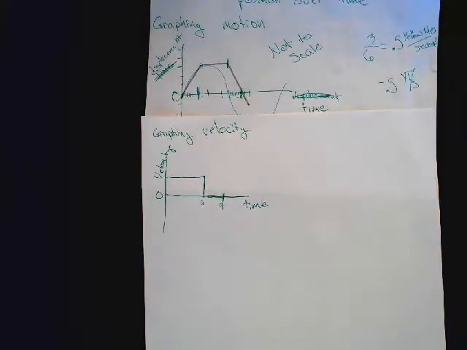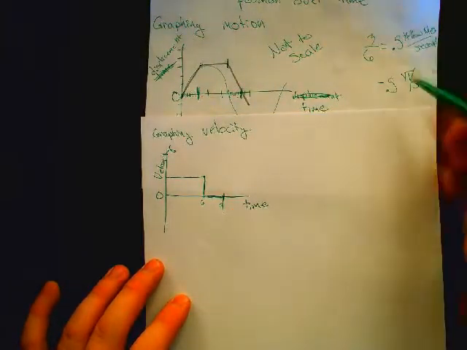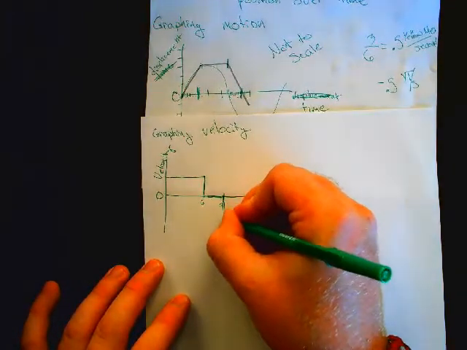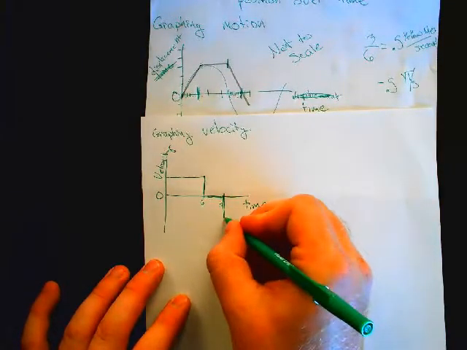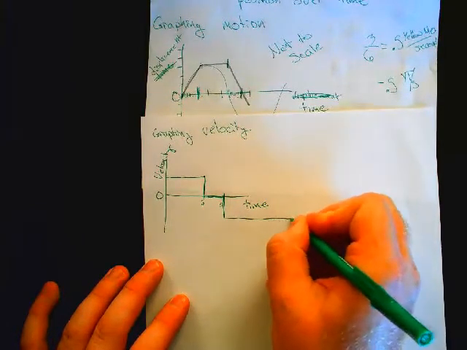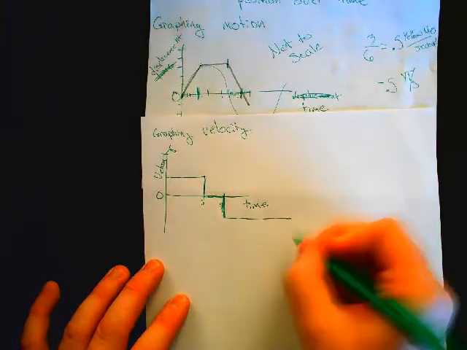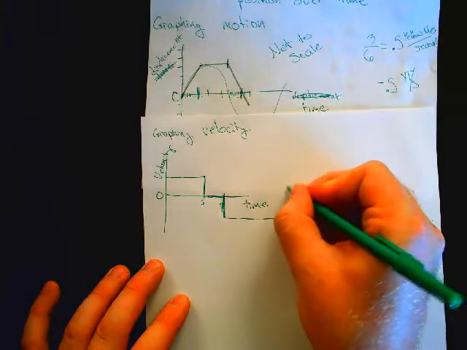It goes down. Where does it go to? Negative 0.5 yellow tiles per second. So right about here. And how long does it sit there? 8 seconds. Excellent. So that was from 9, so this should go to right about 17.